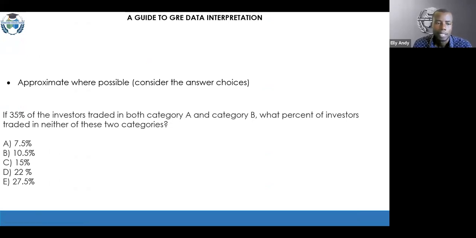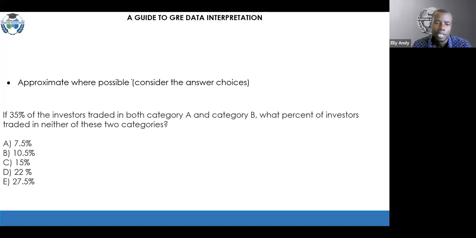Then another thing is that you don't always need to work out your answers to the last decimal point. And you don't always need to work with extremely accurate numbers when it comes to data interpretation. The thing is, the GRE provides calculators for test takers, but too much use of the calculator can be time wasting, especially for questions where the calculator use is unnecessary.